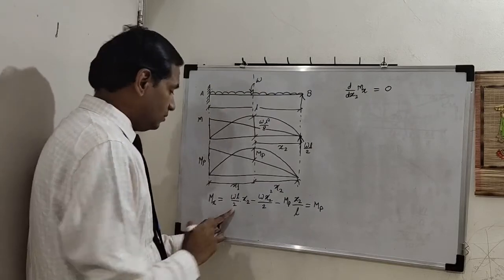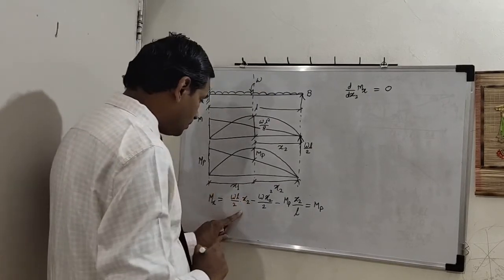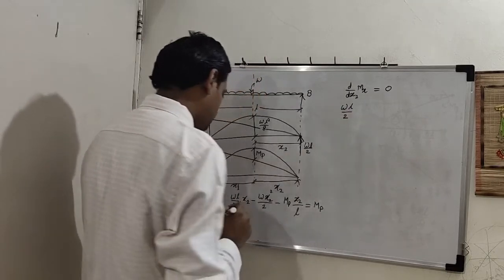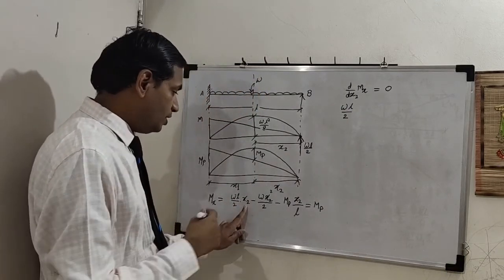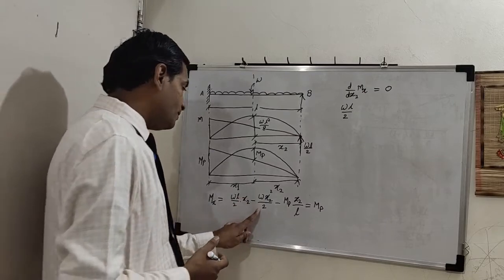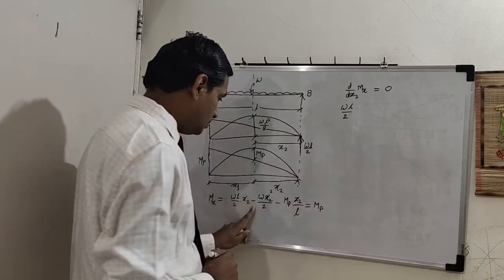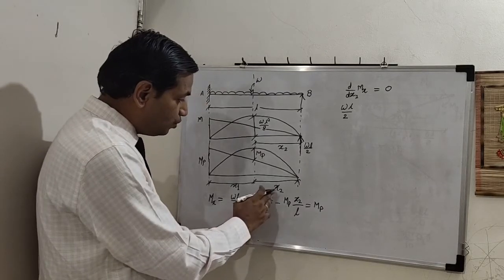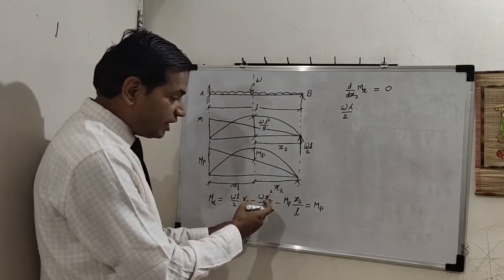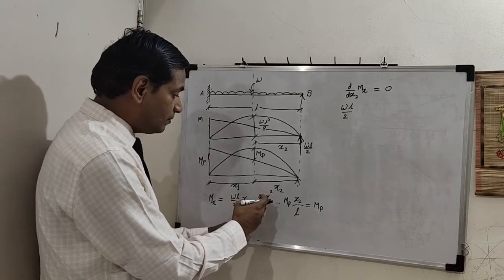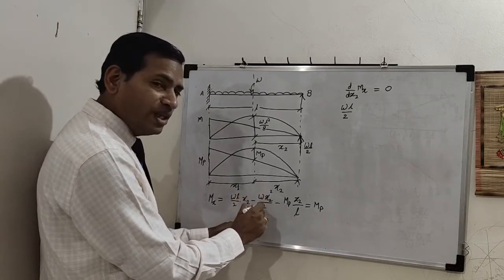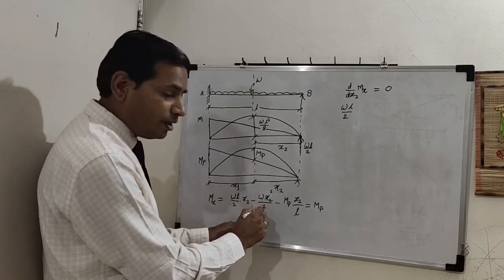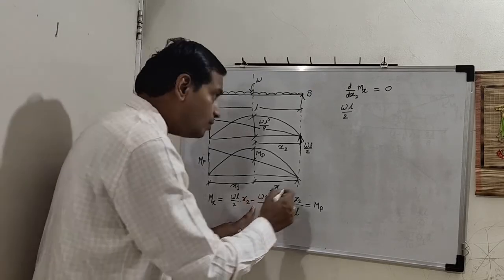So first term, its derivative will be WL by 2, x2 will get vanished, its power will become 0, then minus W into x2. Why? x2 square is there, its derivative will be 2 times x2. 2 is there now in the numerator after derivative, so 2 gets cancelled with this 2 in the denominator, so remaining is only W into x2.